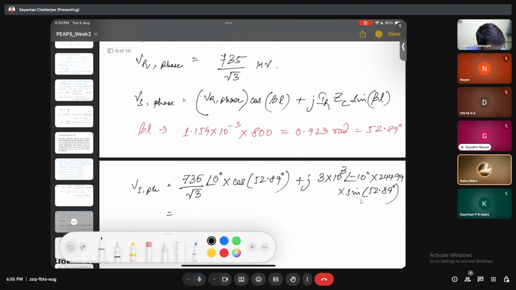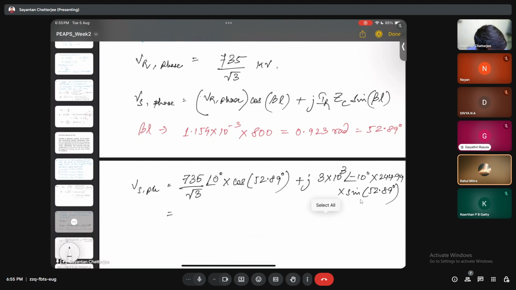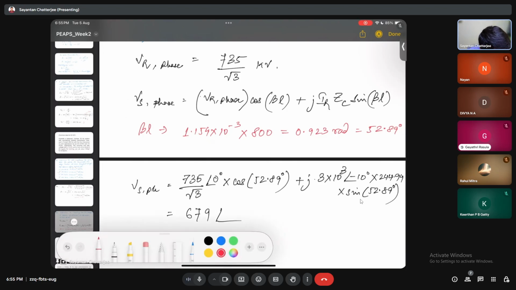So 678.96. Yes, 679 kV. But the angle is also there, not only the magnitude. So angle is there, na? j factor is here.